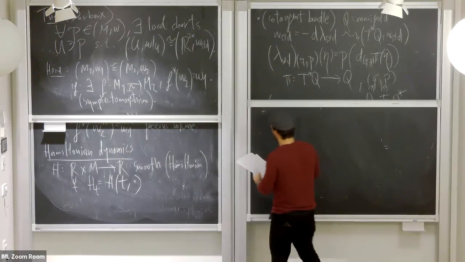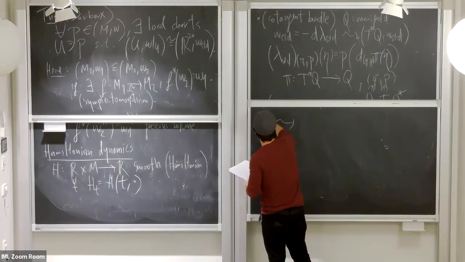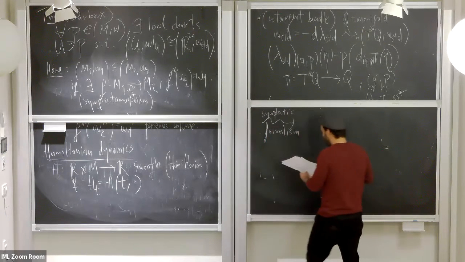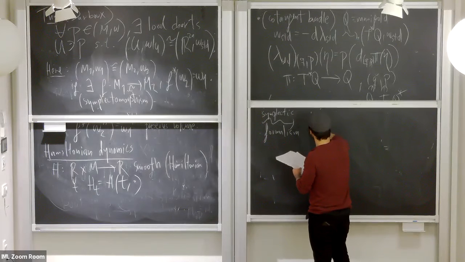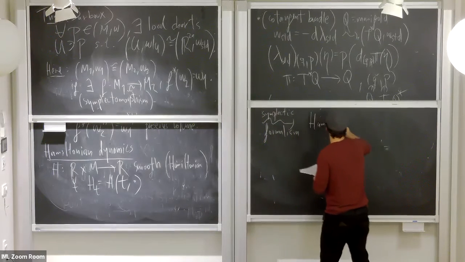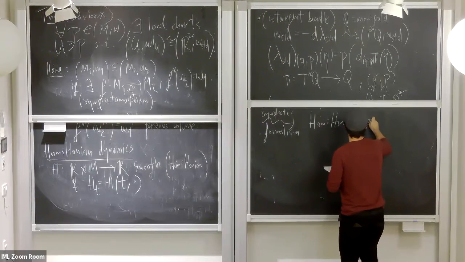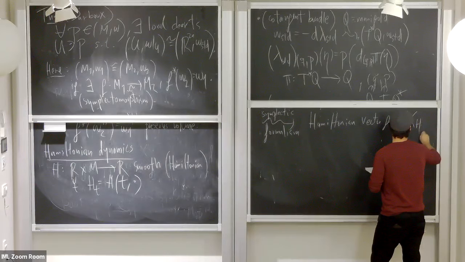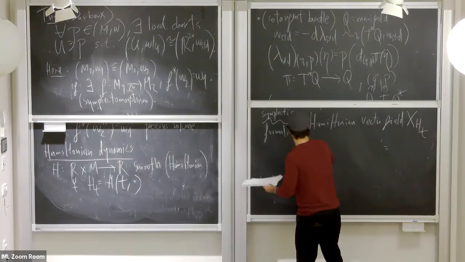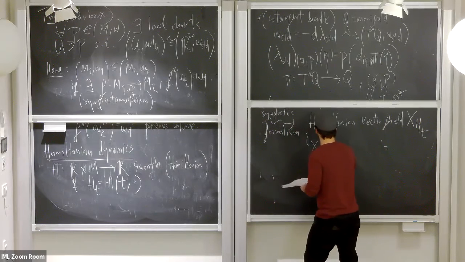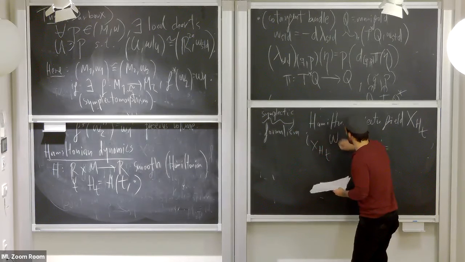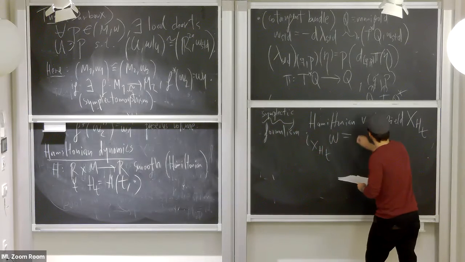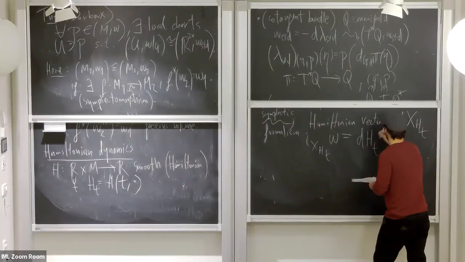So what the symplectic form does for you is that you give me H and I give you back a Hamiltonian vector field, denoted X_{h_t} and defined implicitly by the equation: the contraction of this vector field with omega has to be, by definition, the differential of h_t.